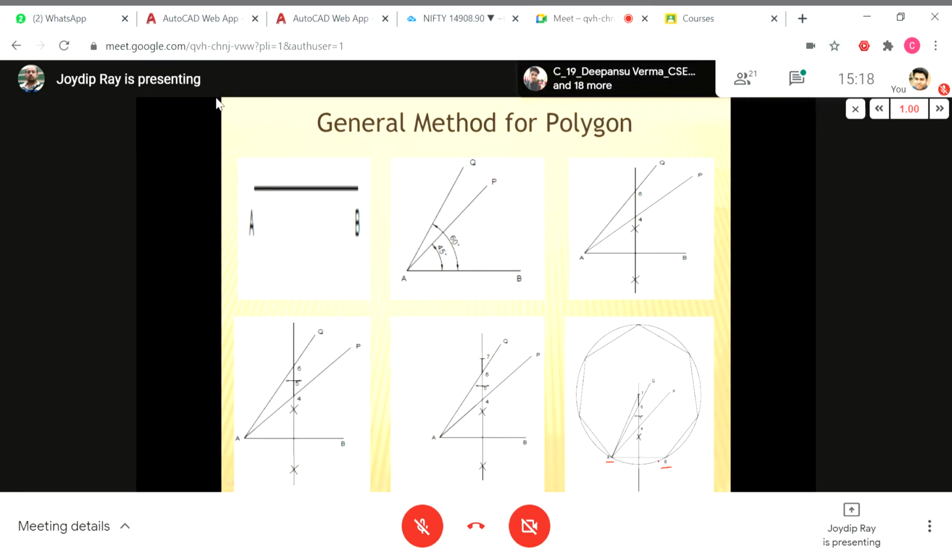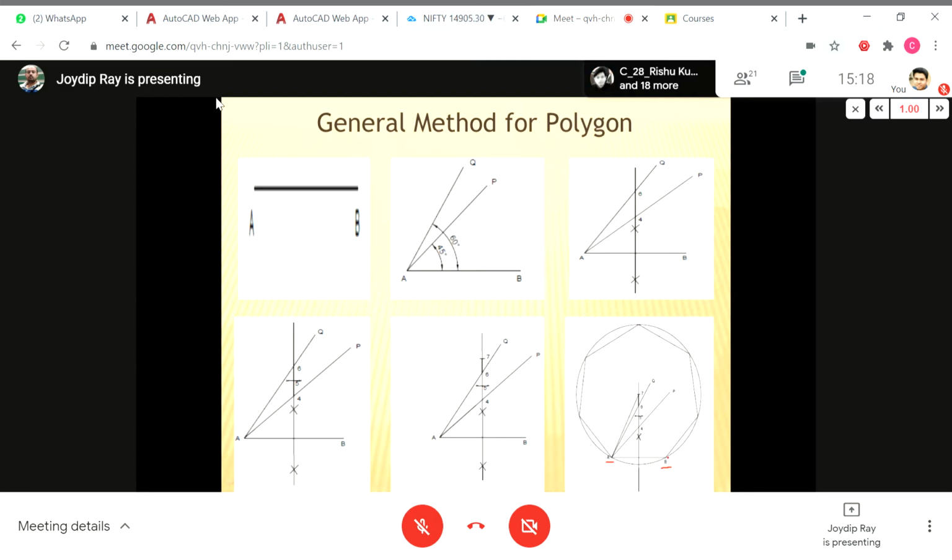Now, again take your compass and measure 50 millimeter, that means the AB line itself, nothing else.